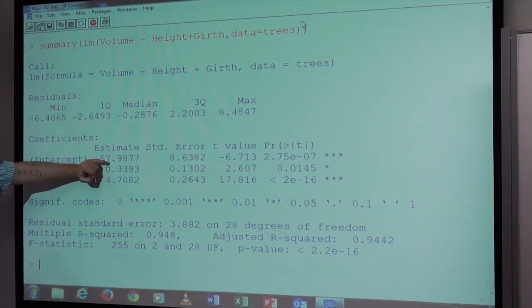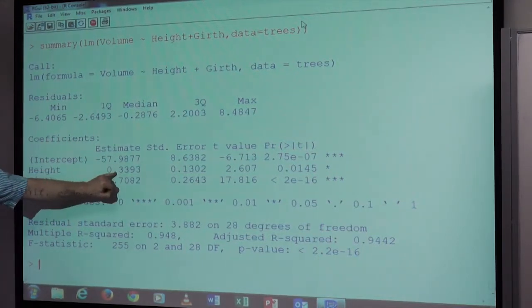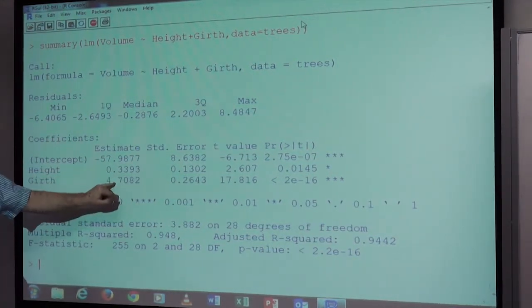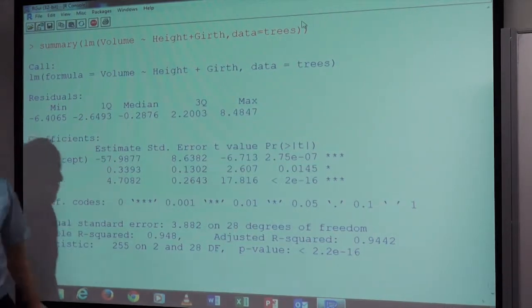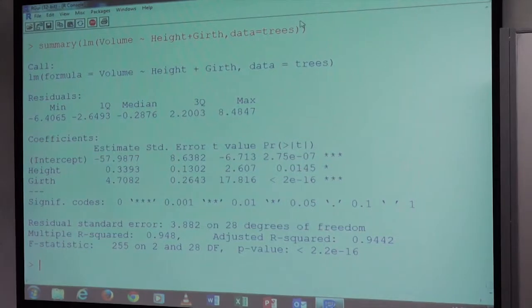What we see now is an estimate for the intercept, plus 0.33 times the girth, plus 4.7 times the height. And you'll see that the R squared has increased a little bit.